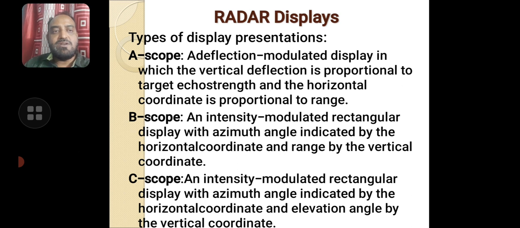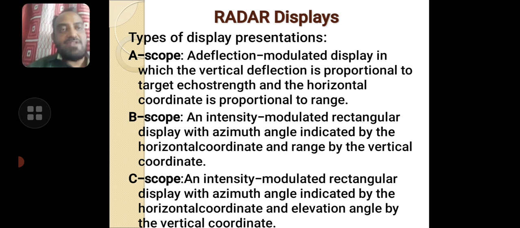C-scope is an intensity modulated rectangular display with azimuth angle indicated by the horizontal coordinate and elevation angle by the vertical coordinate. This is very much useful in tracking the target, because it has both azimuth and elevation angles.